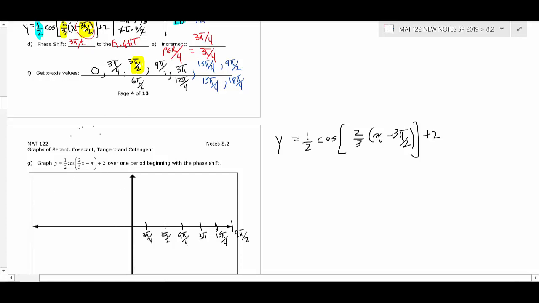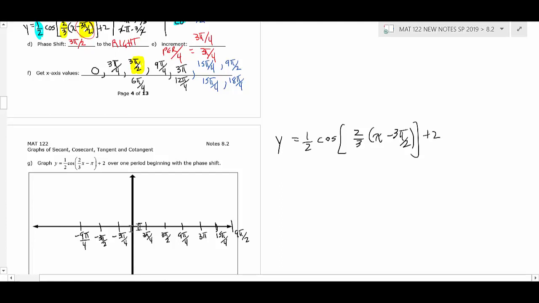Now you could go backwards with this also, and it might make it a little bit simpler, but I'm going to start at the phase shift, and let's do this one by 2 periods. So I'm going to go negative 3 pi over 4, negative 3 pi over 2, and then maybe out one more like that.